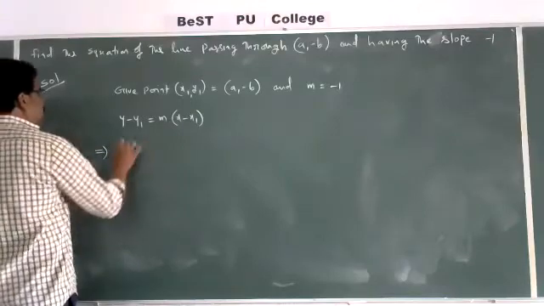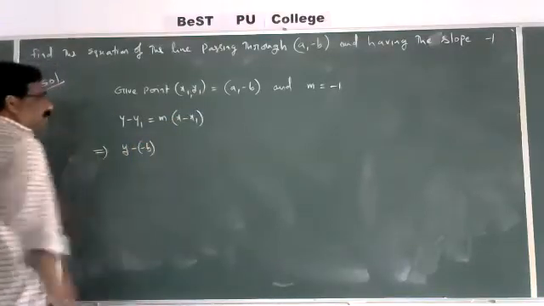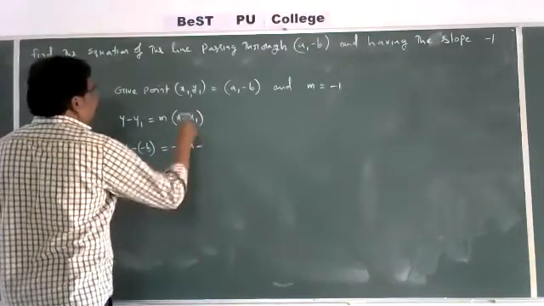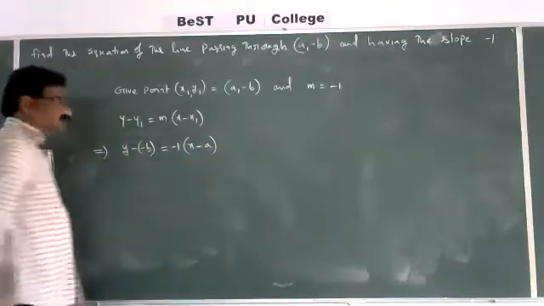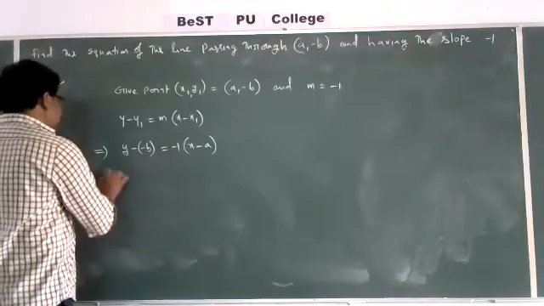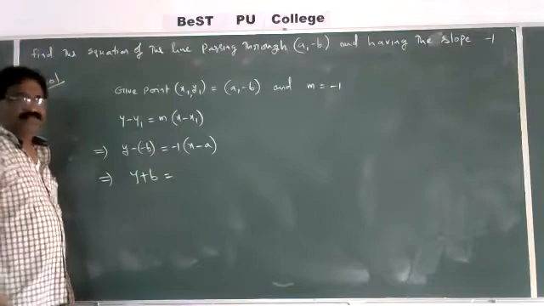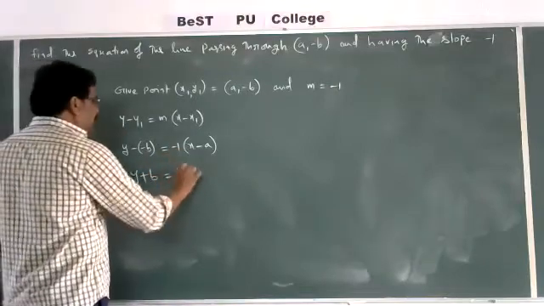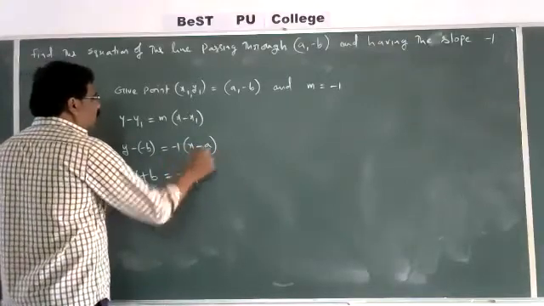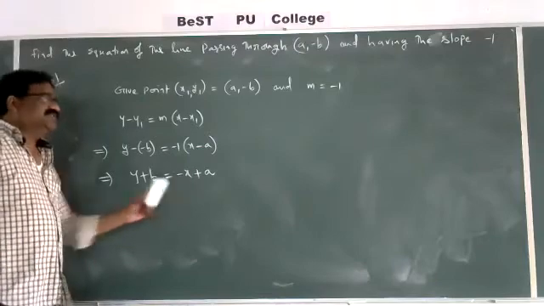Substituting in the formula, y minus y1 is y minus (-b). Here m is -1, into x minus x1, which is a. Here minus of minus is plus, so y plus b is equal to -1 into (x minus a), that is minus x plus a. Bring these two terms to this side.